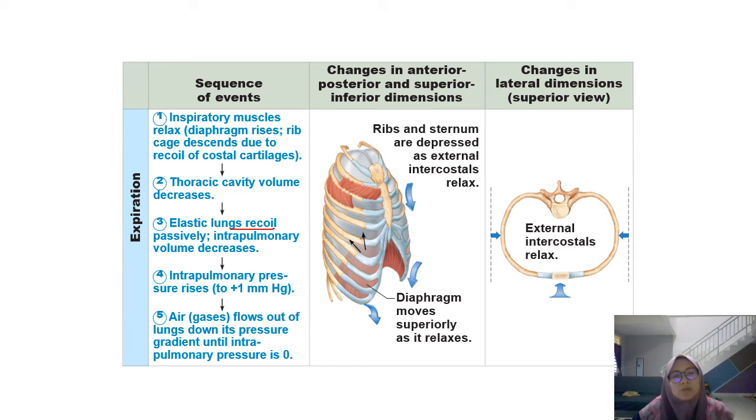So the intrapulmonary pressure rises to +1 mmHg. The air flows out of the lungs down its pressure gradient until the intrapulmonary pressure is 0. It is the opposite process from the inspiration just now.